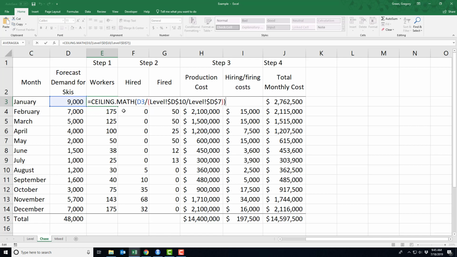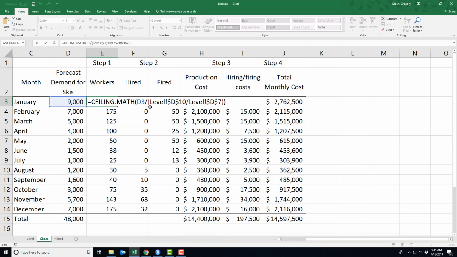I can't hire fractional workers. That is actually the point. So I use this ceiling function so that I can get integers. And if it takes half a person, I've got to have the whole person, so I need to round it up.